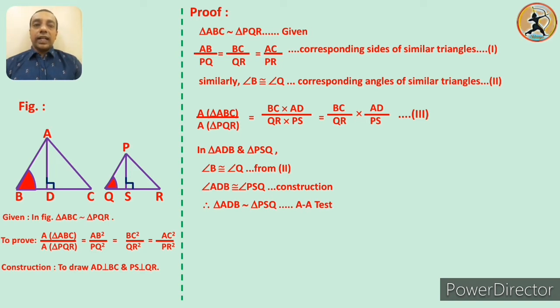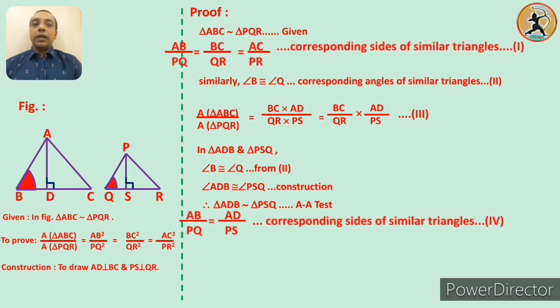And if these two triangles are similar, then we can say that the corresponding sides of both the triangles are in proportion. So here the next statement will be AB upon PQ is equal to AD upon PS, corresponding sides of similar triangles, statement number 4. In statement number 4, AB upon PQ is the left hand side of the equation. The same ratio we have shown in proportion with the other two sides in statement number 1.